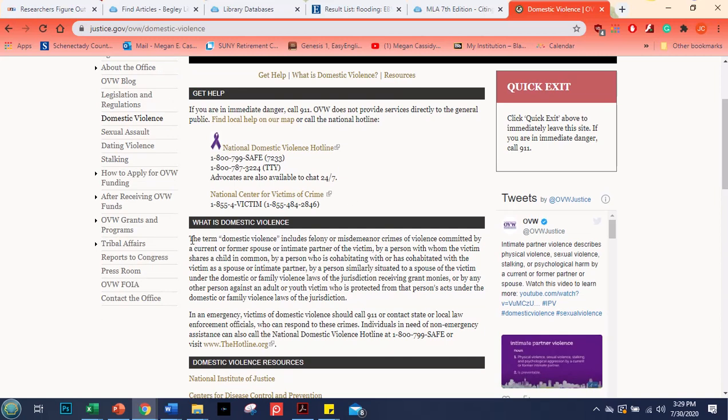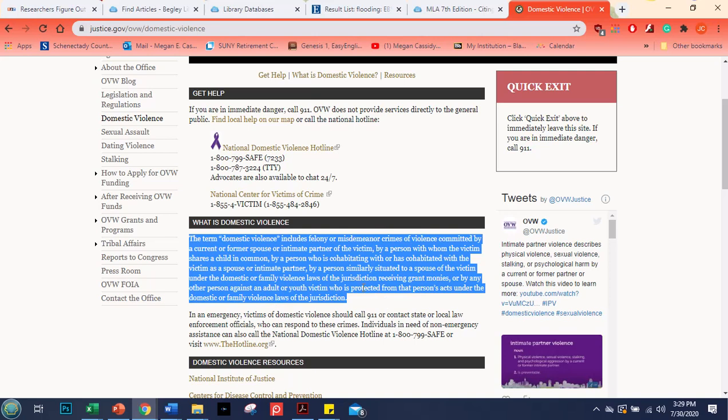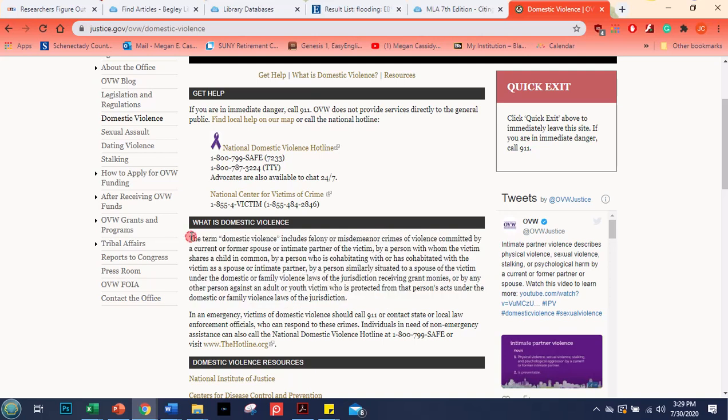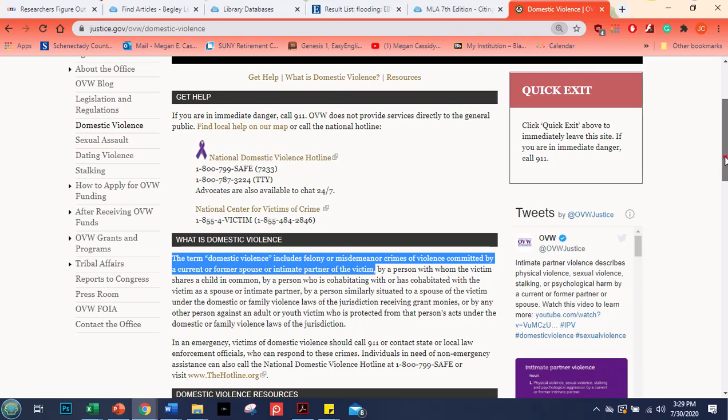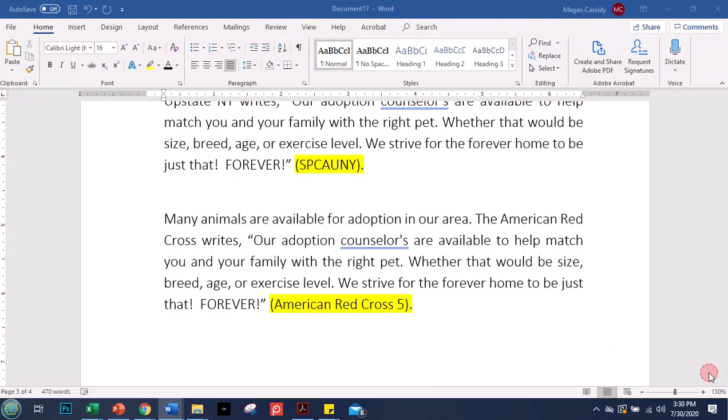So let's say that I want this definition from this government website. It's long. Let's say I want part of this definition. Okay, so I just want that part. So no page numbers, right? Because it's not a document. It's from the Department of Justice.